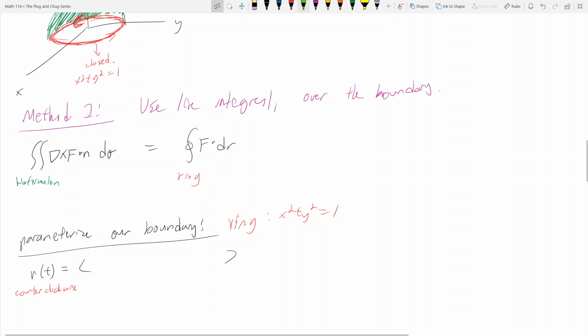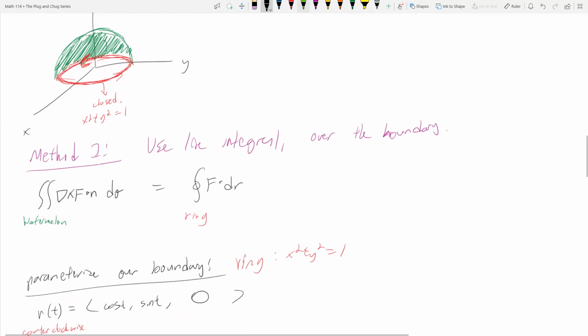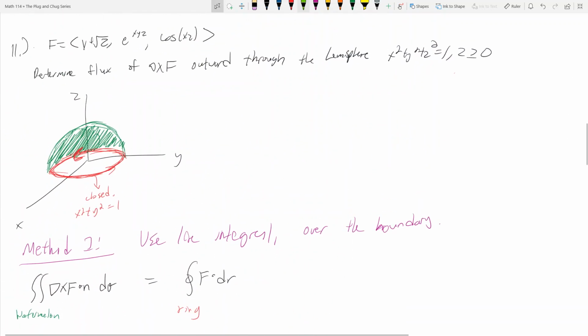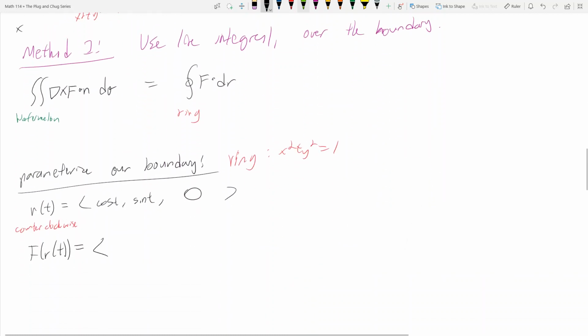But to parameterize a circle of radius 1, it's cosine t, sine t, and then we need our z coordinate, but we're at z equals 0. And this is the counterclockwise parameterization of a circle. Cool. Now we need to find what f of r of t is. Well, f was y plus root z, e to the xyz, cosine xz. So y plus root z becomes sine of t plus root z, which is 0.